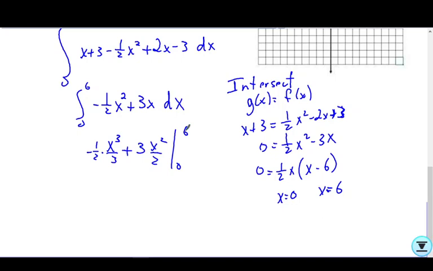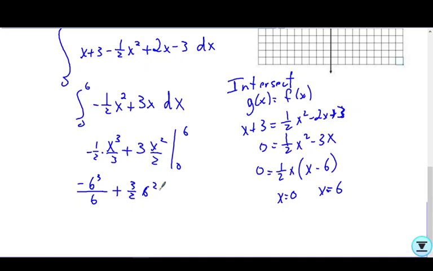We don't have to plug in the 0, so we just plug in 6. And then we're going to get negative 6 cubed over 6, plus 3/2 times 6 squared.